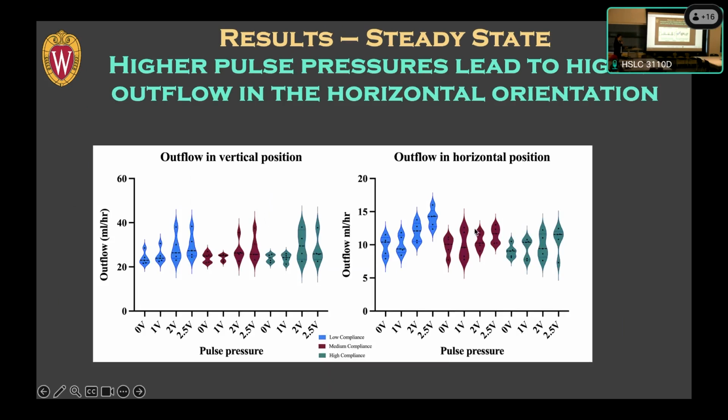However, when we remove the gravity from the equation, in the horizontal position, we see that as the pulsation increases, we have a slope of drainage. And we can see here on the y-axis that the outflow increases with more pulsations.